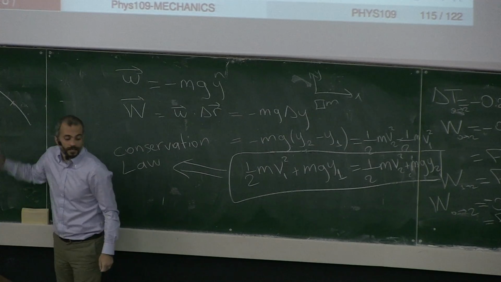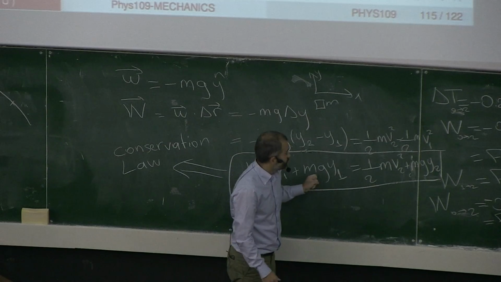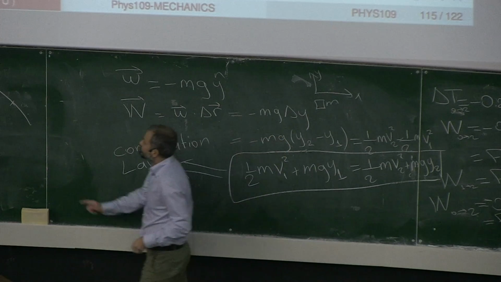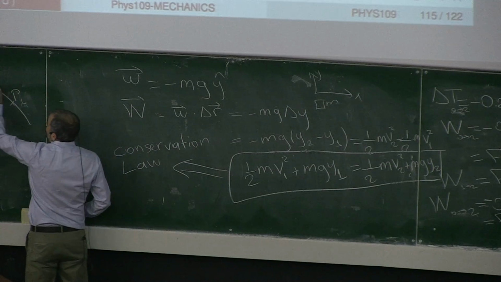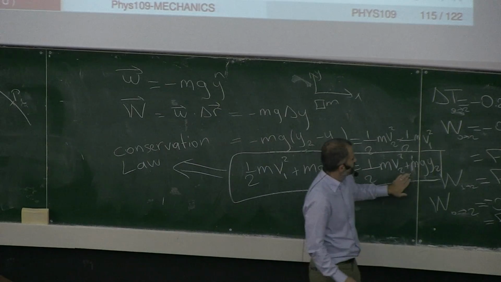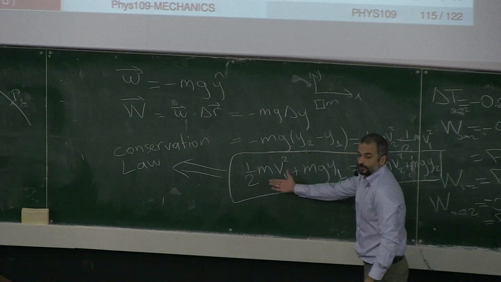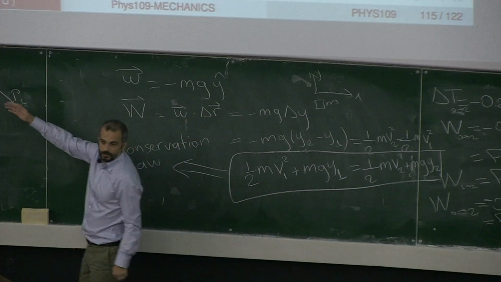At this point, I calculated 1/2 m v1 squared. If I add to it m g times y1 at this point p1, and if I calculate the same thing at the point p2, 1/2 m v2 squared plus m g y2, those two quantities calculated at these 2 points are equal to each other.